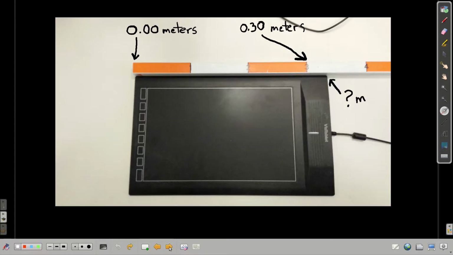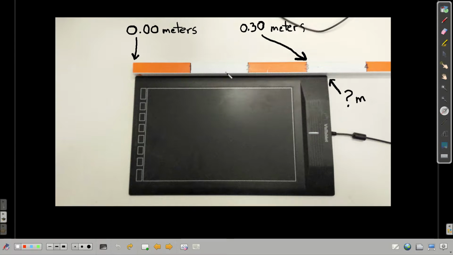So let's measure some things. Let's say this tablet. And this is a meter stick, and each of these marks is a 1/10 of a meter, or 1 decimeter apart. So just like that meter stick I drew for you earlier, each of these marks is 0.1 meters apart.